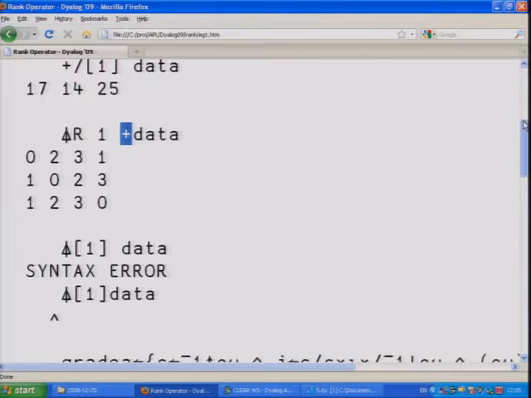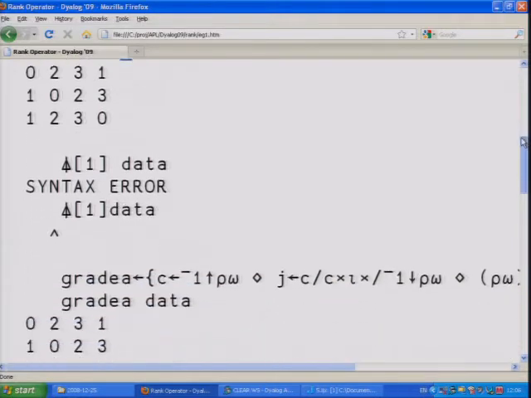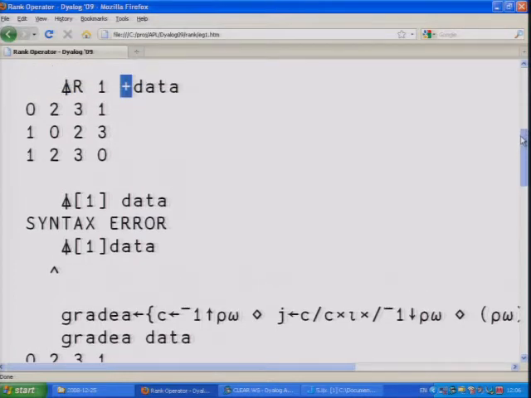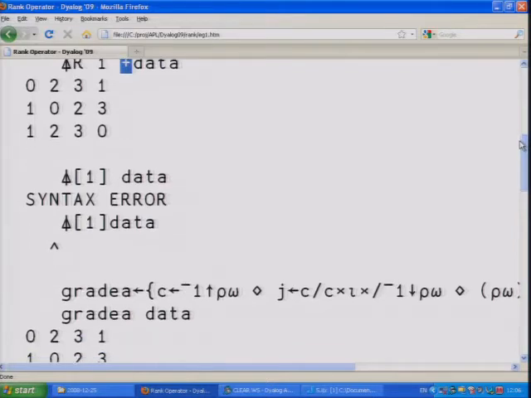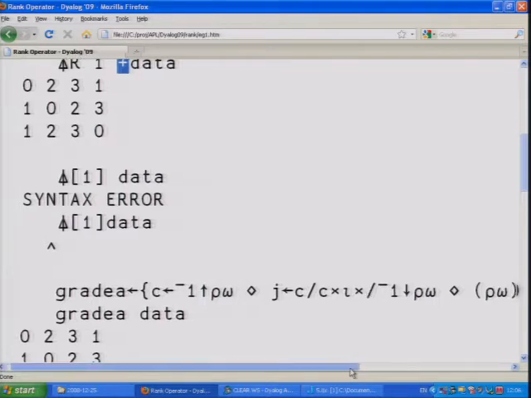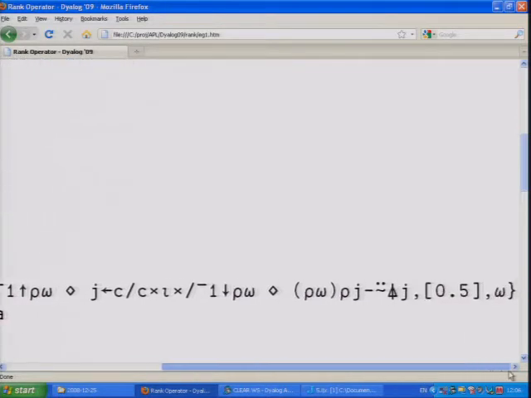Okay, so in the old days, this grade up rank 1, old days meaning before nested arrays, it's a challenging little problem to compute grade up on each row of an arbitrary rank array. So here's one way to do it.